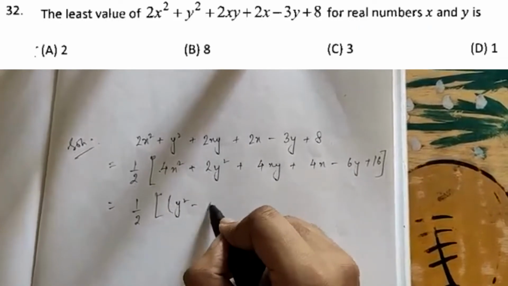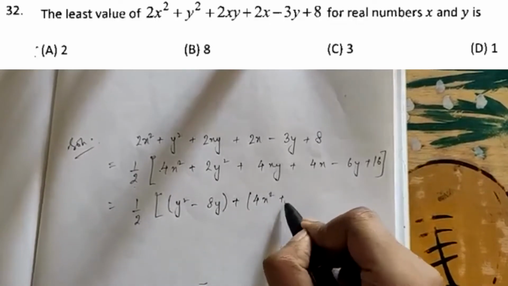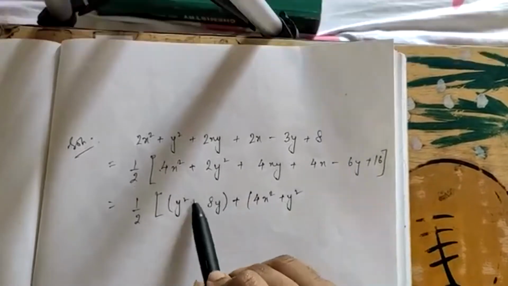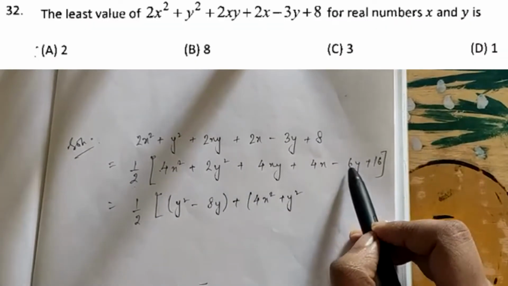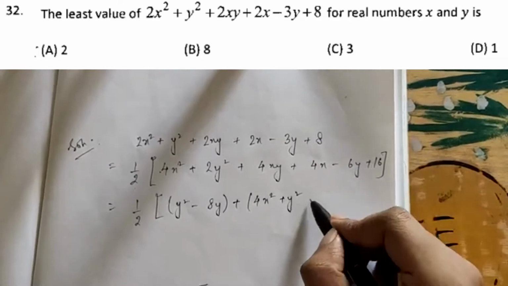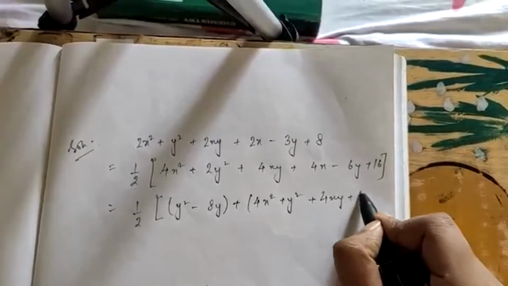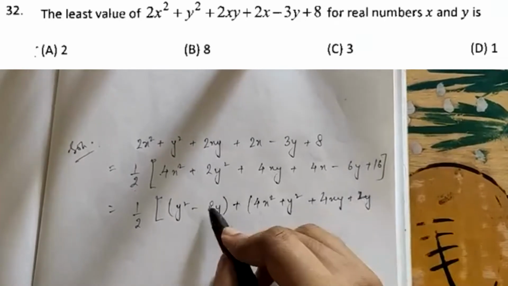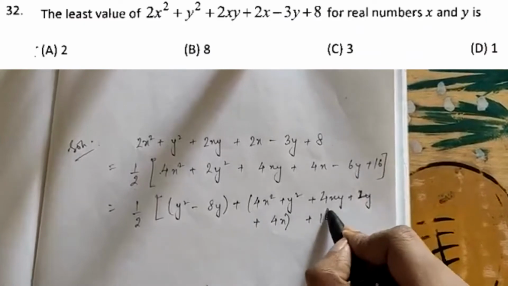y square minus 8y, plus 4x square plus y square. If I take 1y square from here and do it minus 8y, then I have to add plus 2y. So therefore I am doing it plus 4xy plus 2y, that's 2y plus 4x plus 16.